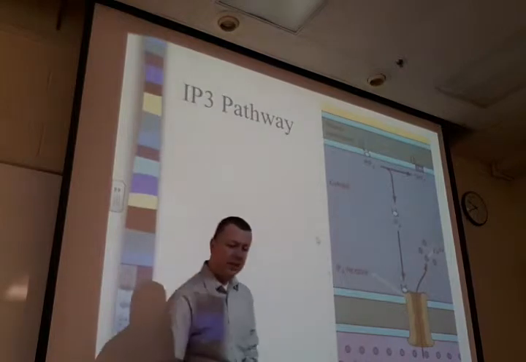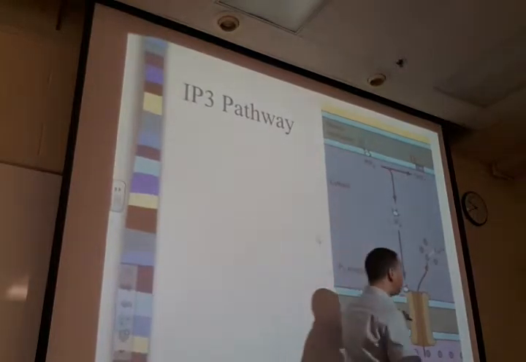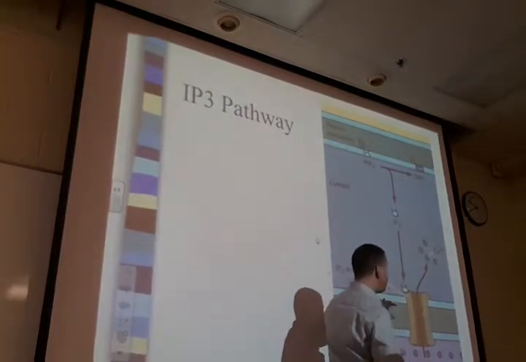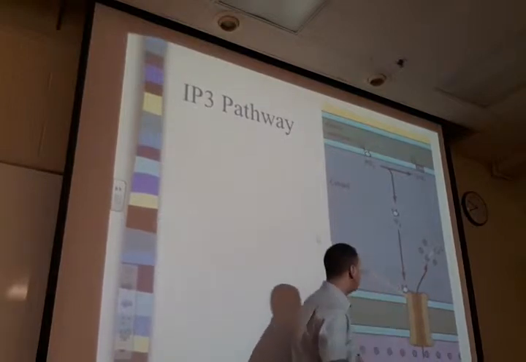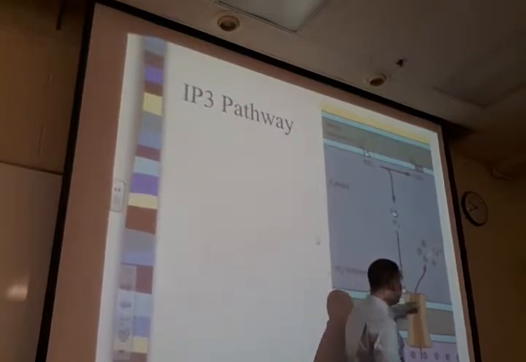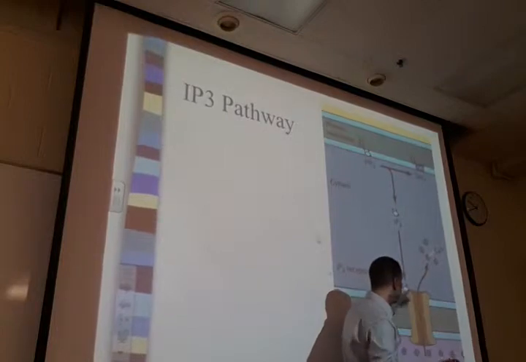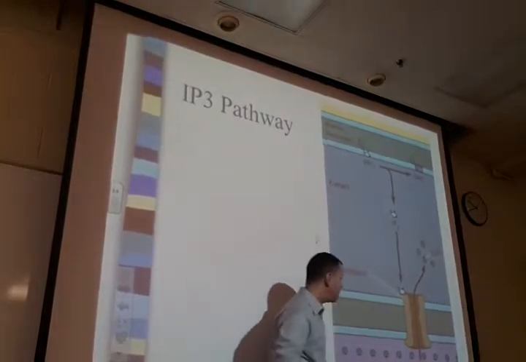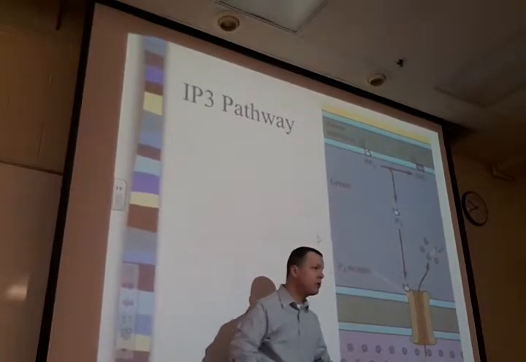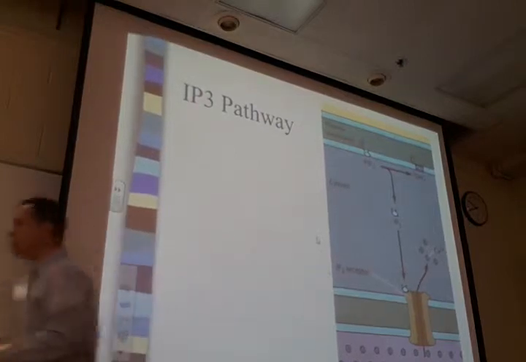Remember I told you we're going to come across another ion channel linked receptor. Here it is, but this one's internal, in the ER membrane. So when IP3 binds to it and opens it up, what comes out of that channel? A whole bunch of calcium that's been stored in the ER.